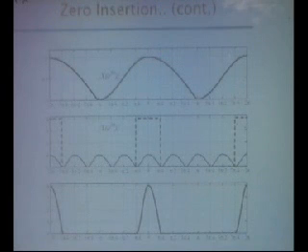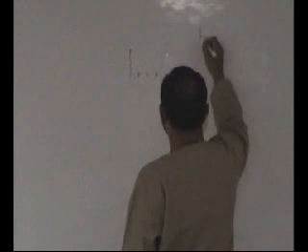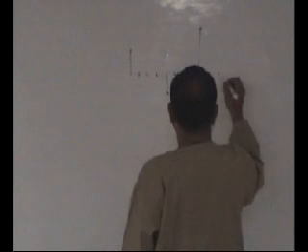So let me show you what it is doing in the time domain. In the time domain you have a sample, then you have 0, 0 and 0, then another sample, then 0, 0 and 0, then this sample, and 0, 0 and 0. Similarly you have these samples.